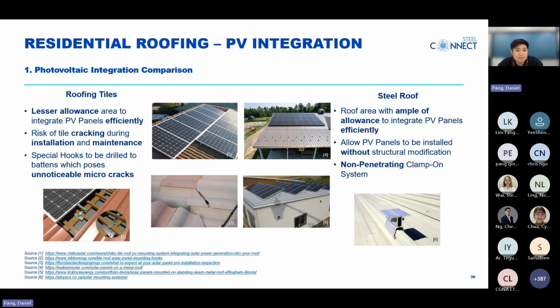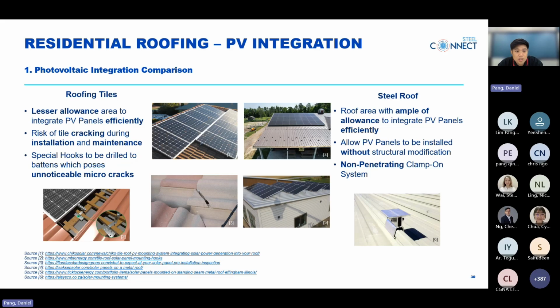And tile roof requires special hooks to be installed to the batten. This poses micro cracks which are not detectable right away, compared to a steel roof which is designed with the intention to install PV panels.